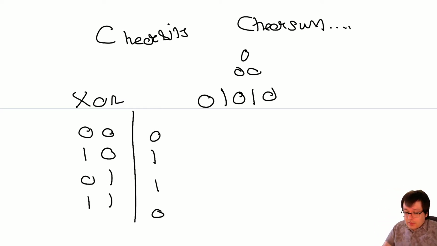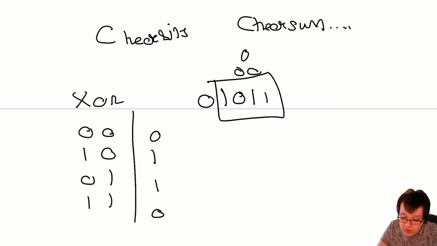So suppose that you send it over and one of these bits gets flipped. Let's say that it gets flipped to the 1. When you get it, you're going to perform the same XOR operation on the 4 bits here.